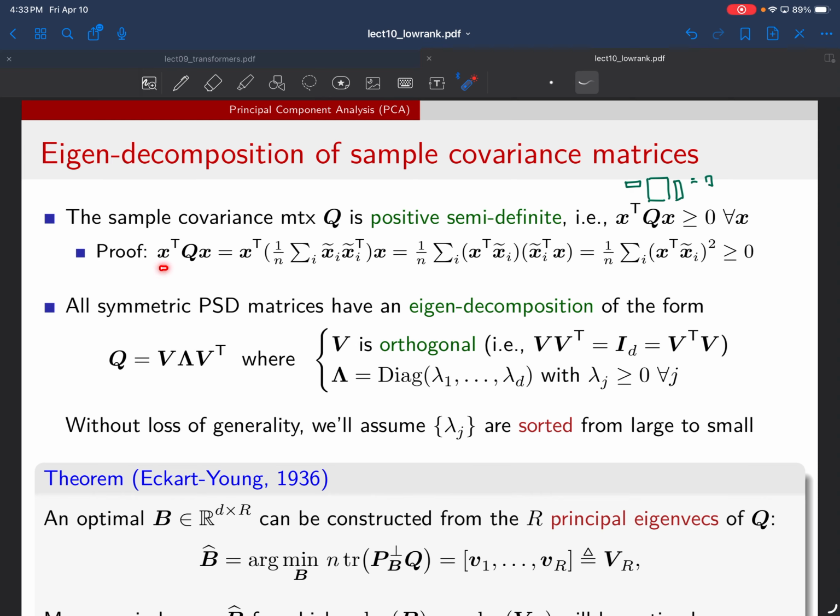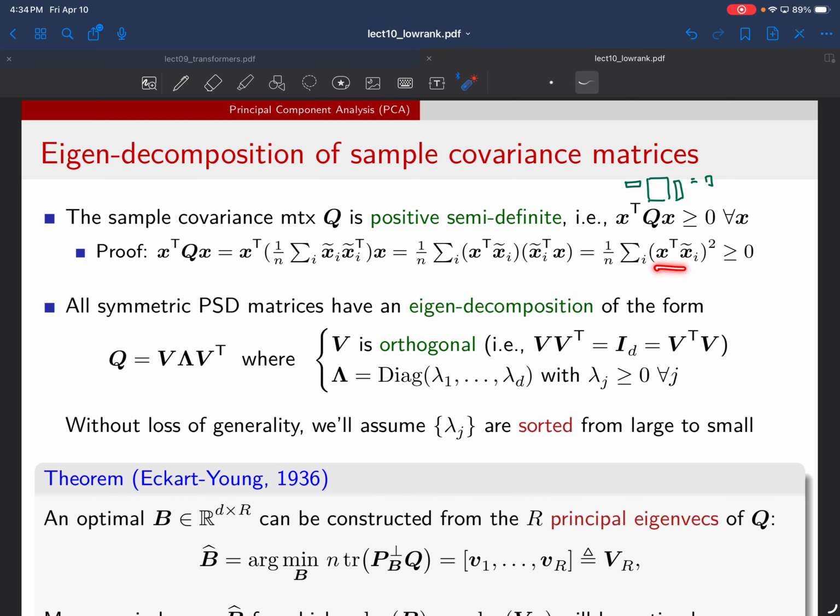So let's start with this expression here, where x is arbitrary, and then we substitute in Q, which we know by definition looks like this. Then we can move the sum, or the averaging, out due to linearity, and then we have the average of this times this, but these are both scalars, and you can see that they're also just transposes of each other, and because a scalar transpose is identical, these are really the same thing.